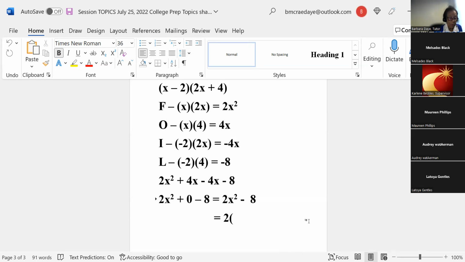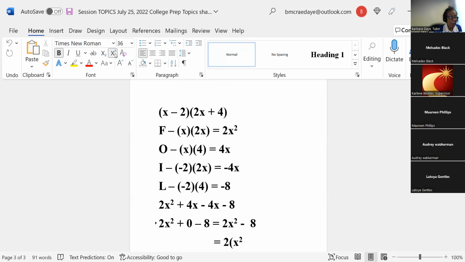Factoring out the 2 from 2x squared gives x squared, and 2 times what gives you minus 8? A minus 4, right? You could leave it like this if it was just asking for an answer. But if you were trying to match something in a multiple choice and 2x squared minus 8 was one of the choices, then you simply, whose phone is ringing? Put it on mute, please.